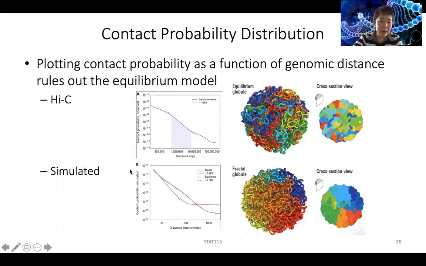And so based on the simulation and the actually observed Hi-C, people believe that the chromatin is packaged more like a fractal globule instead of a completely random equilibrium globule.